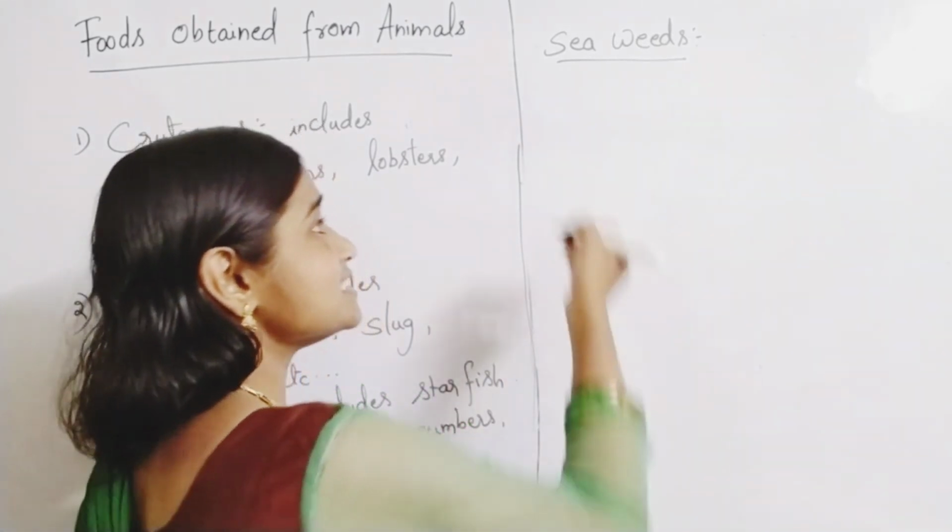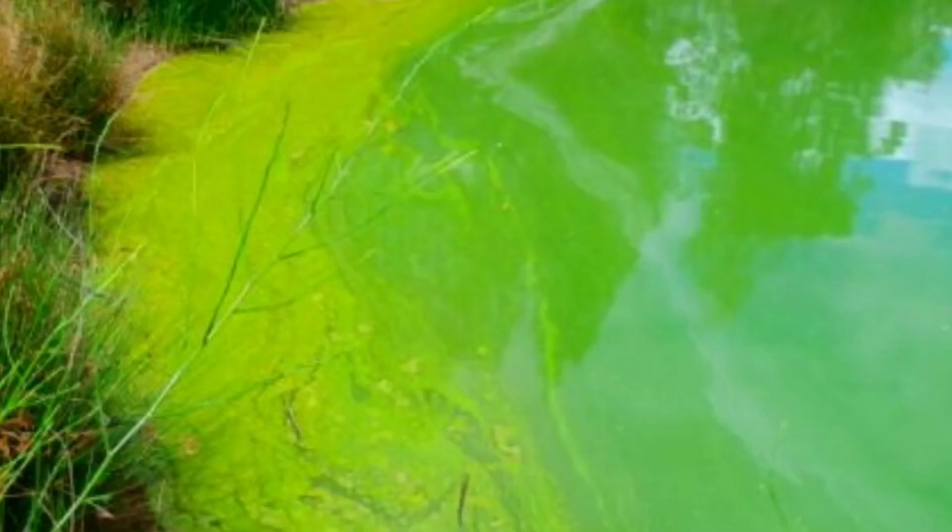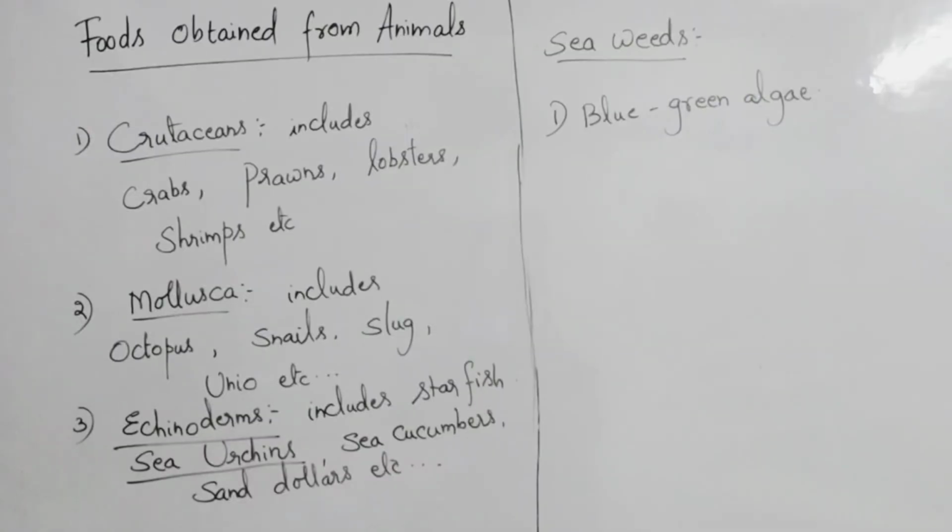So seaweeds. You know about blue-green algae, which is the best source of proteins. Examples of blue-green algae are spirulina and chlorella.